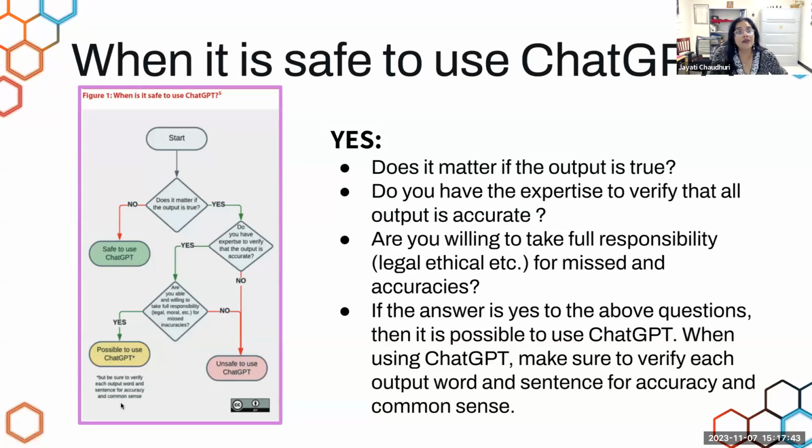So again, what we are trying to tell you is that you can use ChatGPT, but please do not use it blindly. You still need to verify information and look for accuracy. You can get basic guidance from ChatGPT, but I would not suggest getting in-depth help from it.